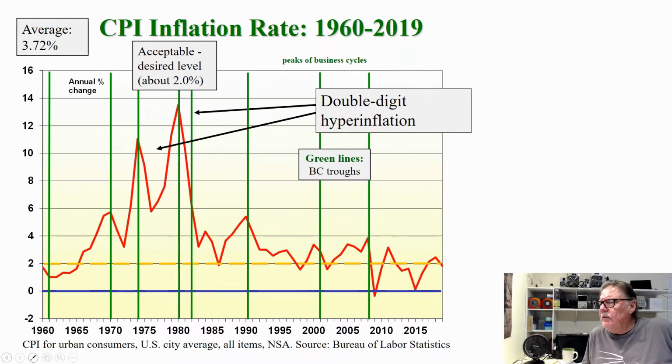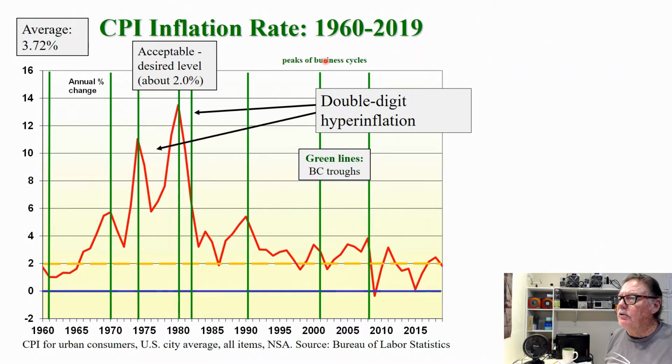I'm sorry, this slide has two pieces of information, one of which is wrong, one of which is correct. Those are not the peaks of business cycles, those are the troughs of business cycles, because remember, those two peaks right there that we're looking at in 1974 and 1975 are examples of stagflation, where we actually had the peak of the inflation rate during the trough of the business cycle.